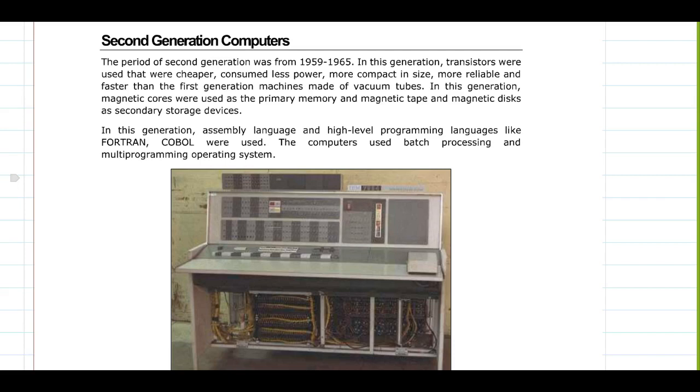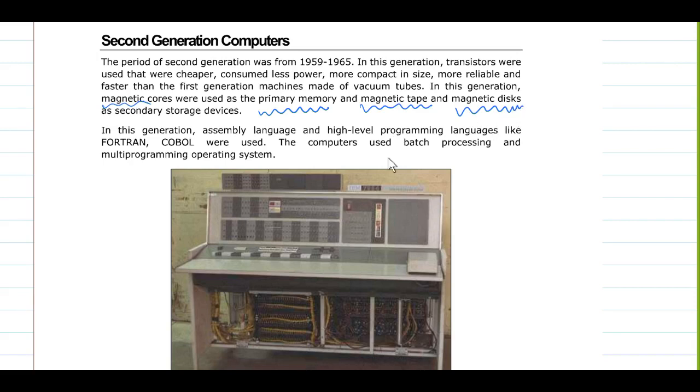Again, in the second generation, magnetic cores were used as primary memory. The other major change that occurred is that memory changed from punched cards to magnetic cores, and magnetic tapes also became more prevalent, and magnetic disks were used for secondary storage.